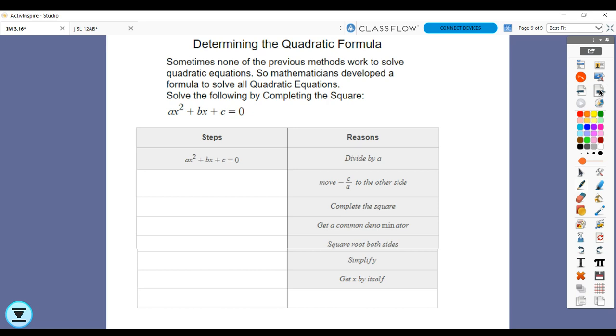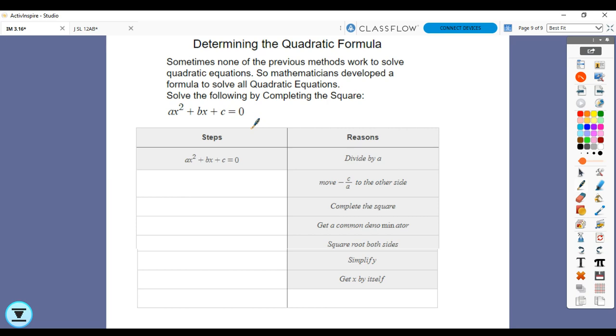And so mathematicians developed a formula to solve all quadratics. What we're going to do is use this most basic quadratic equation, and we're going to get x by itself by completing the square. I'm going to show you these steps, and we're going to develop the formula itself.